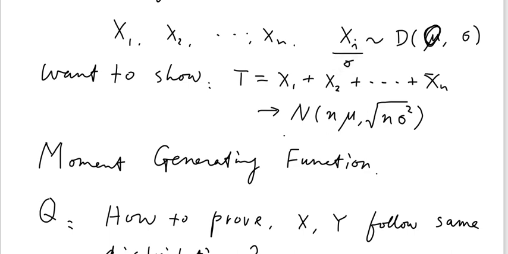So we can assume each xi follows a distribution with mean 0 and standard deviation 1.